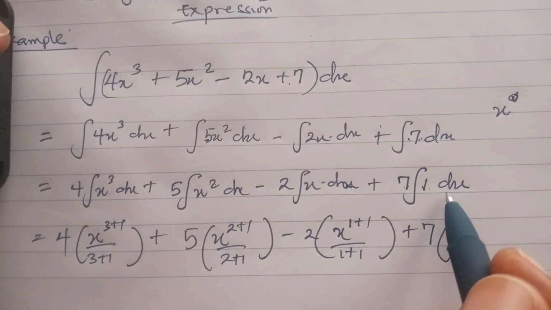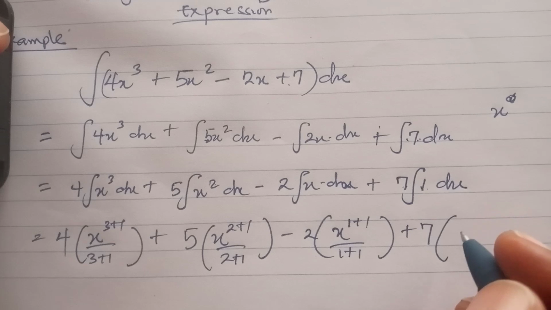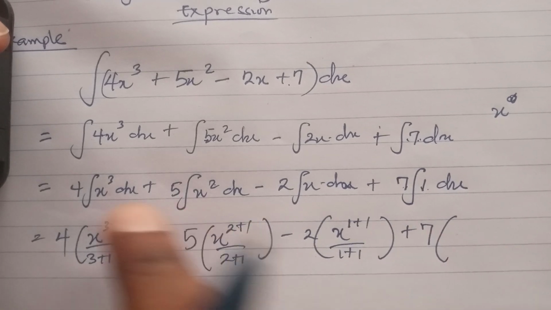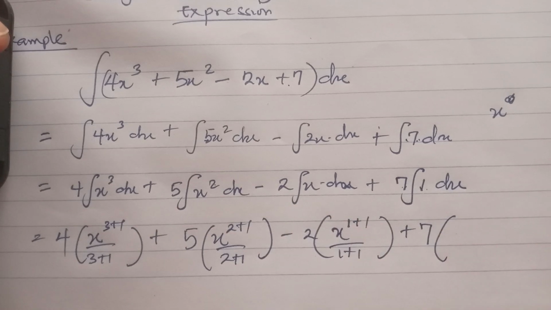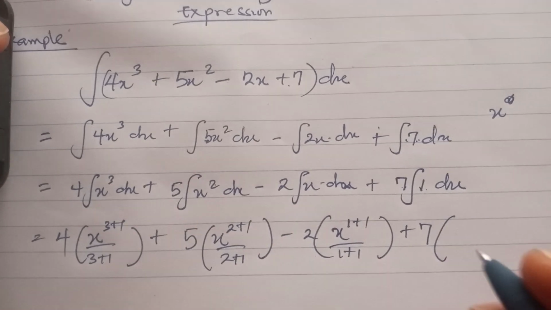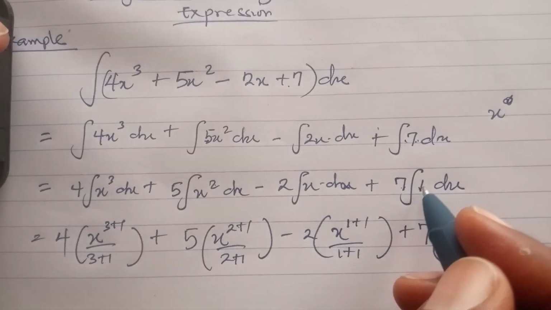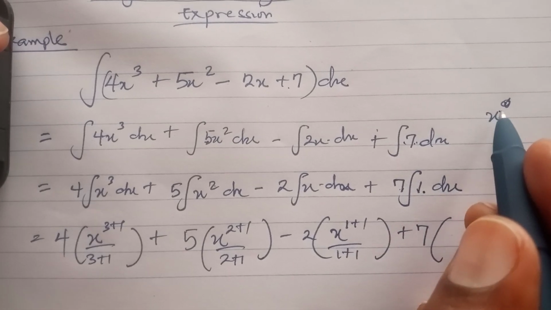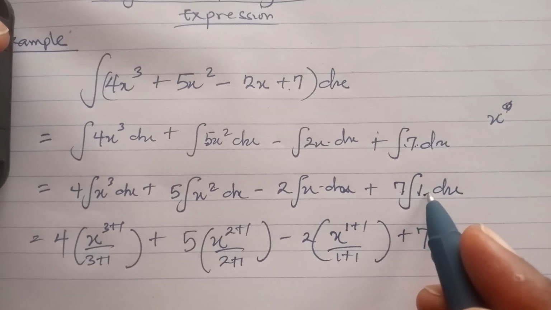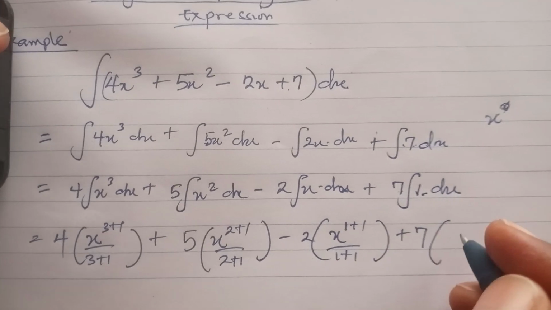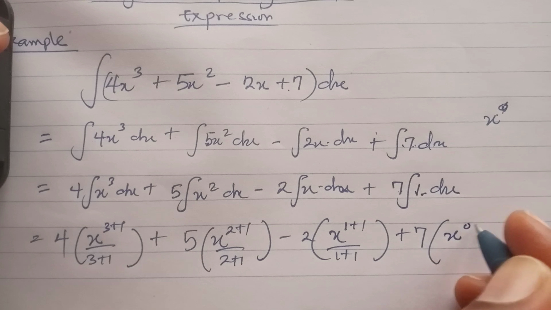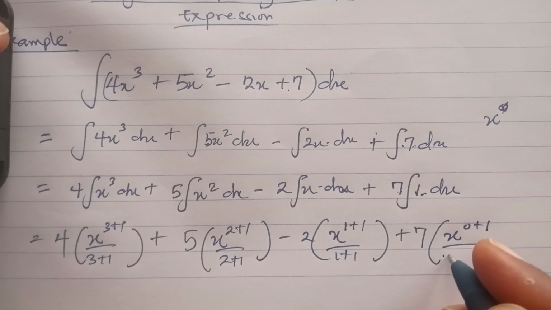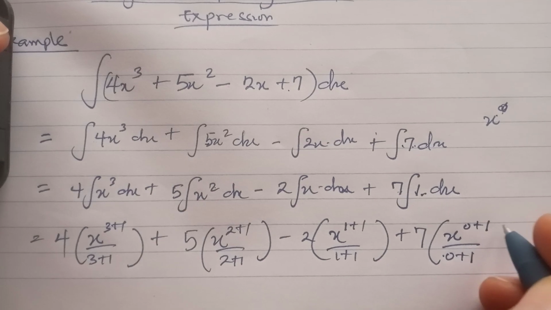Because we are integrating with respect to x, we assume that variable x, so that you will know the basics of these things. So x raised to power 0 is 1, and 1 times 1 is 1. You understand that? So this will be x raised to power 0 plus 1, over 0 plus 1.